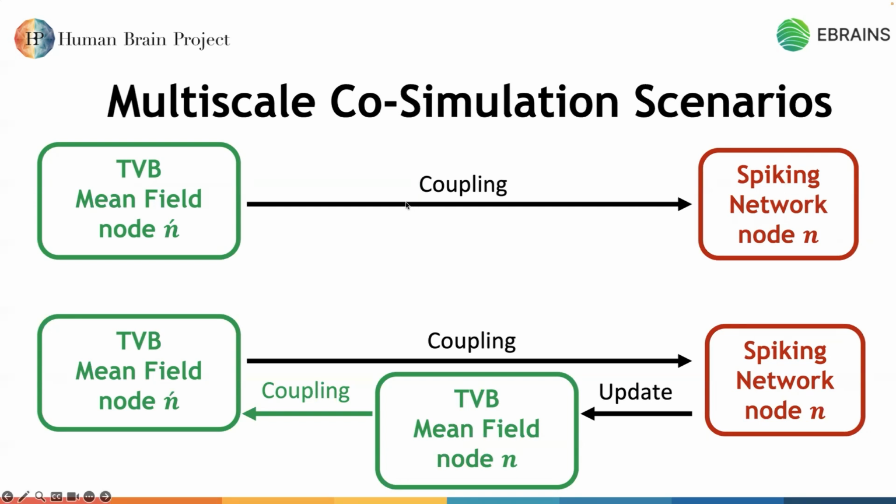But in most cases, and when this is more interesting, is when there is really a bidirectional connection. And we can think of 2 scenarios, like when the loop from the whole brain input to the specific dynamics of a specific system we're modeling as a spiking network, and then back to the mean field of the whole brain, causes effects that we cannot study otherwise.